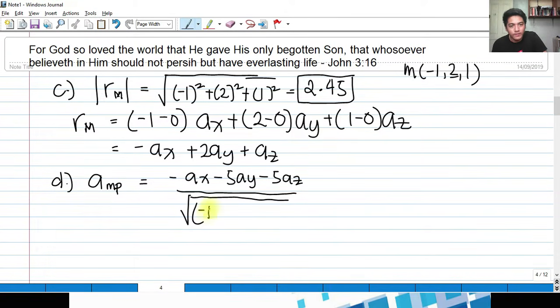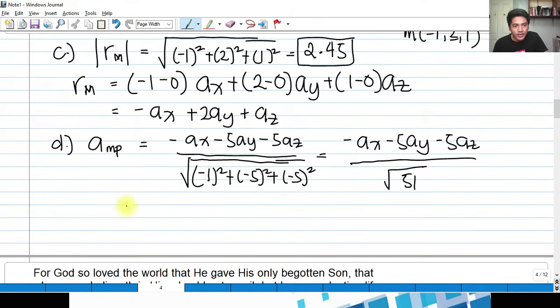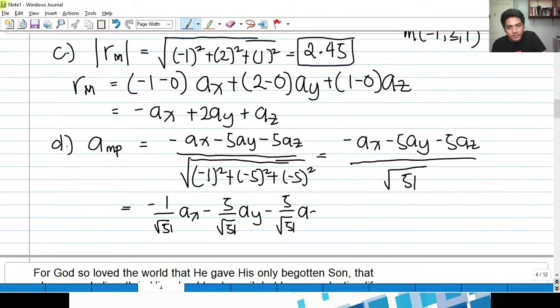So we have the square root of negative 1 squared plus negative 5 squared plus negative 5 squared, which is the square root of 51. So we have negative 1 over square root of 51 a_x, minus 5 over square root of 51 a_y, minus 5 over square root of 51 a_z.